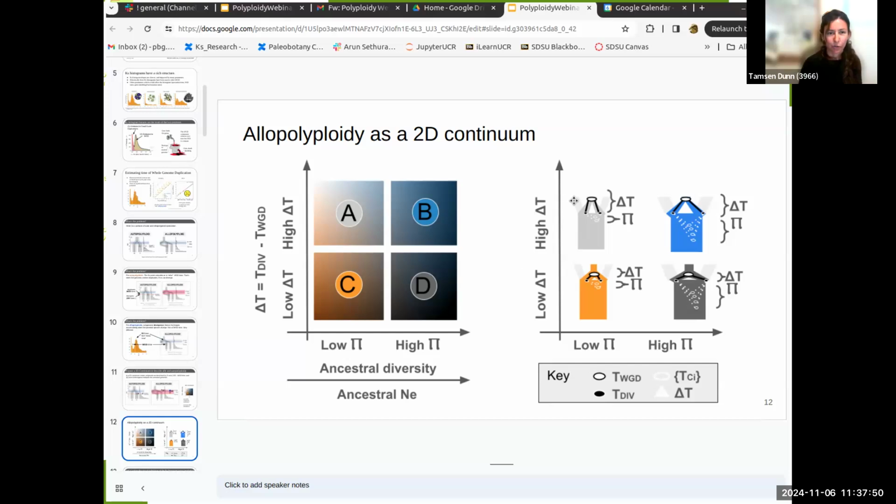So here's that 2D continuum, kind of pictorially. You can think of whether the ancestral species had a high or low diversity, which would affect the coalescent time of those original gene duplicates that will go on to become paralogs in the duplicated lineage later on.